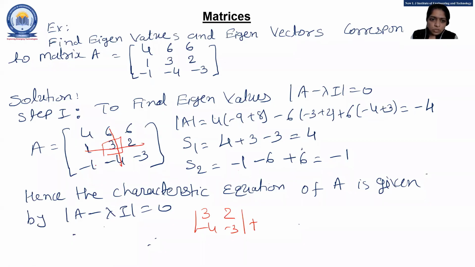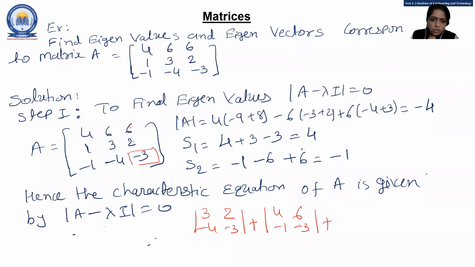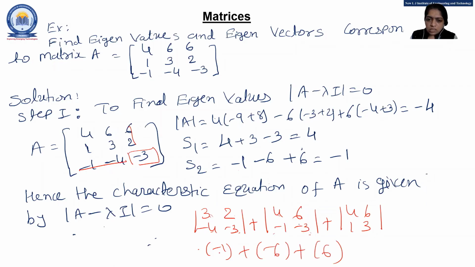My minor is 4, 6, minus 1, minus 3. And for the third diagonal element, minus 3, we skip the third column and third row. My minor is 4, 6, 1, 3. After simplification, minus 9 plus 8 is minus 1, minus 12 plus 6 is minus 6, and 12 minus 6, so minus 1, minus 6 plus 6. The final answer is minus 1.